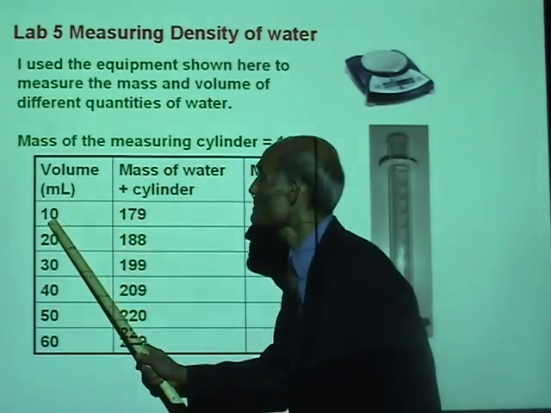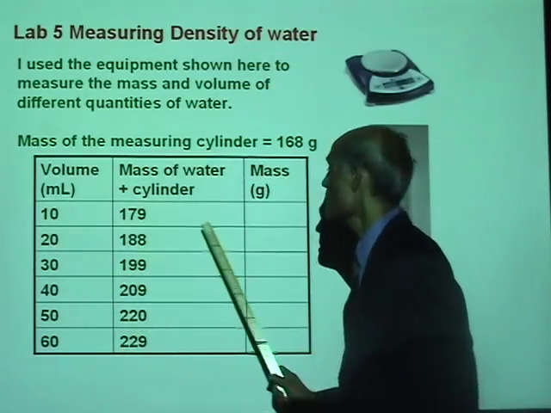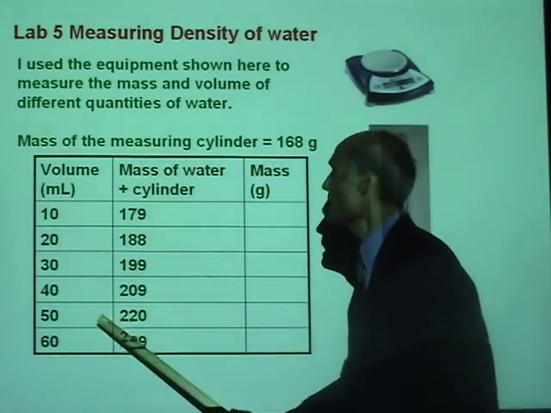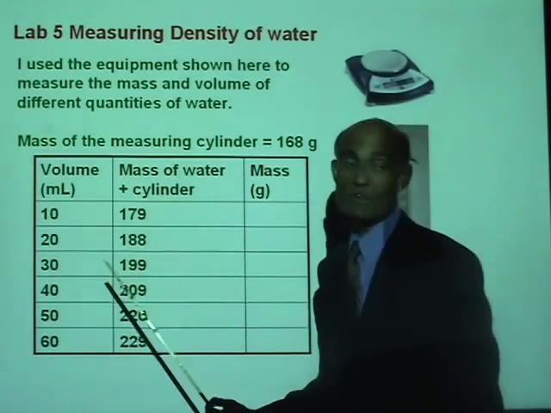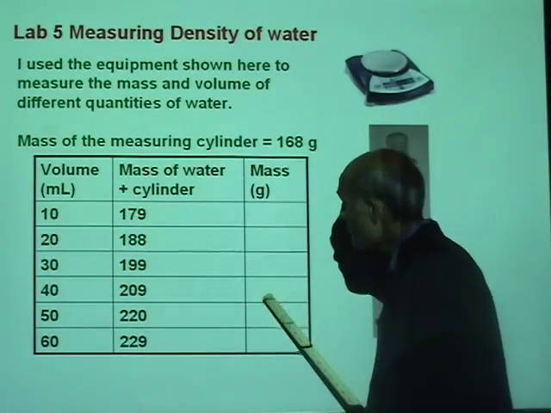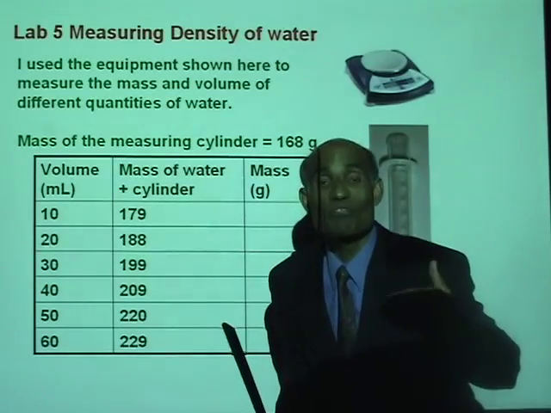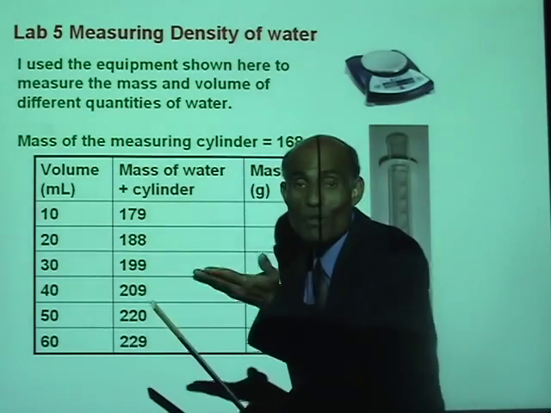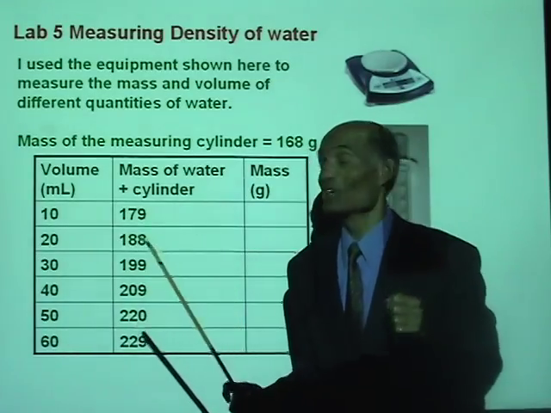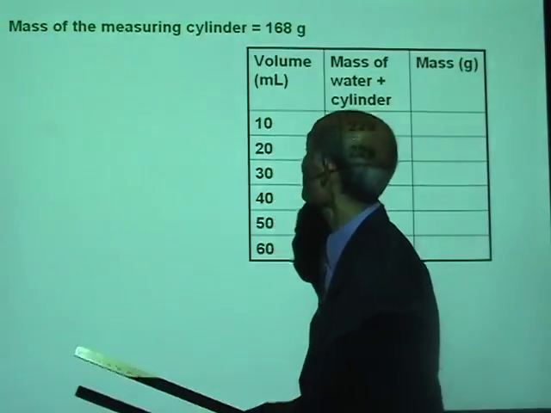I want you to obtain the mass of 10 milliliter, the mass of 20 milliliter, the mass of 30 milliliter, and so on. And now you have the volume values and the mass values. I want you to draw a graph of volume on the horizontal axis, mass on the vertical axis, just the same way I showed you in the previous case.